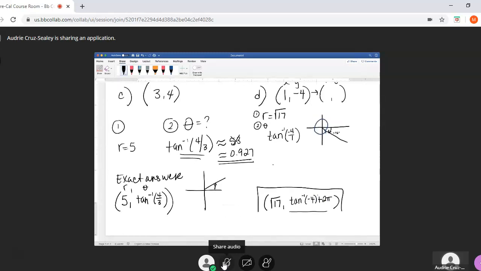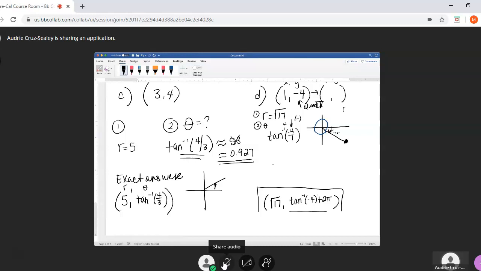when you put tangent inverse of -4, that's negative. And you're using inverse, so your calculator thinks you're in quadrant 4. Well, you are in quadrant 4. The problem is that when you use tangent inverse, it's going to go down to get there. It's going to go this way.